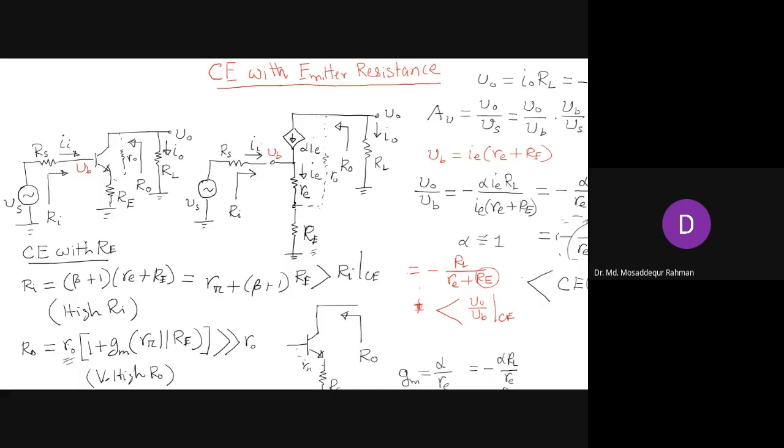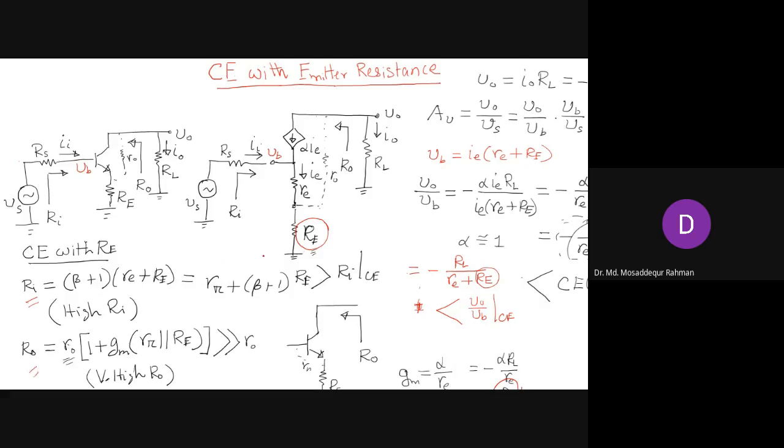Because the common emitter amplifier has gain of RL by re, that will be higher than this. So the higher is your RE, the lower will be the gain, right? And the higher is RE, the higher will be the input resistance and the output resistance, but the lower will be the gain.